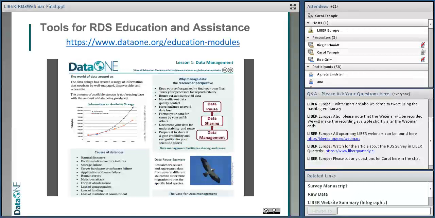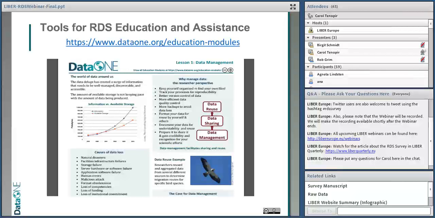The other partner in this survey was DataONE, and if you go to dataone.org, you'll find a suite of tools for RDS education. These tools are aimed both at librarians to learn the basics of research data services, but they're also made for librarians to use in instructional sessions with their researchers and students at their universities.